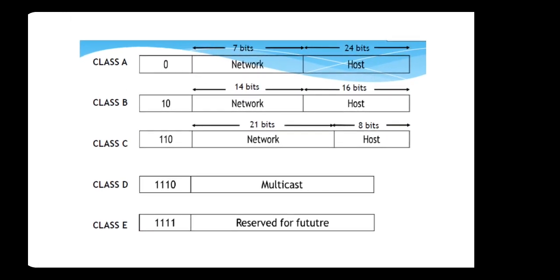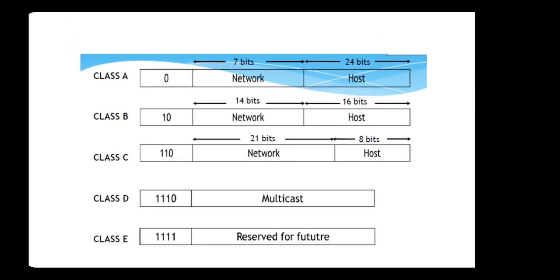Check here. Class A, the most significant bit is 0, 7 bits for network ID, that is a total of 8 bits, and the remaining 24 bits for host identification. For class B, the first 2 most significant bits are 1, 0, then the remaining 14 bits are network bits, and the remaining 16 bits for host identification. For class C, 24 bits are for network identification.